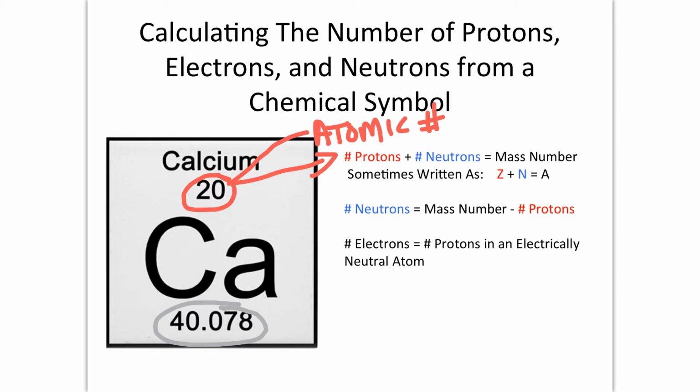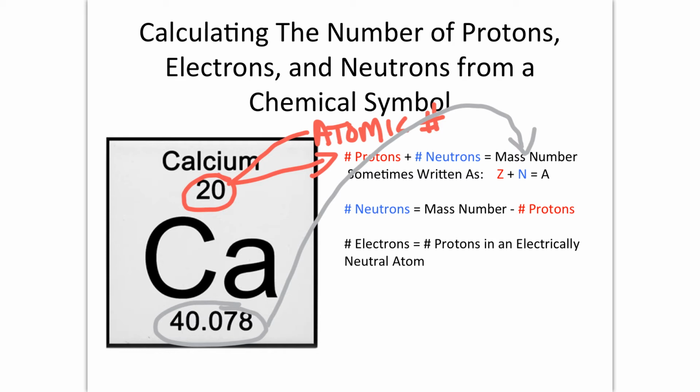Okay, so how does this relate to the mass number, which is right here? The mass number is just the number of protons plus the number of neutrons. And since you can't have half a neutron or half a proton, this number is always a whole integer number.